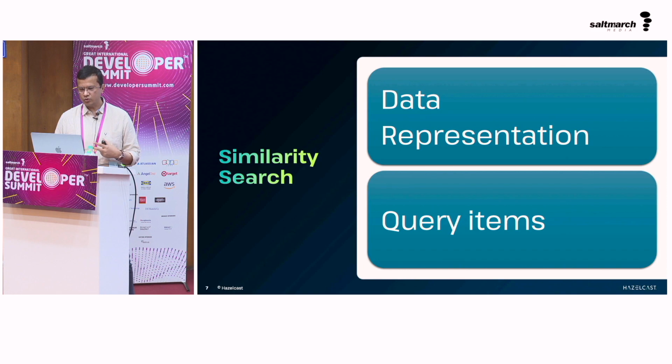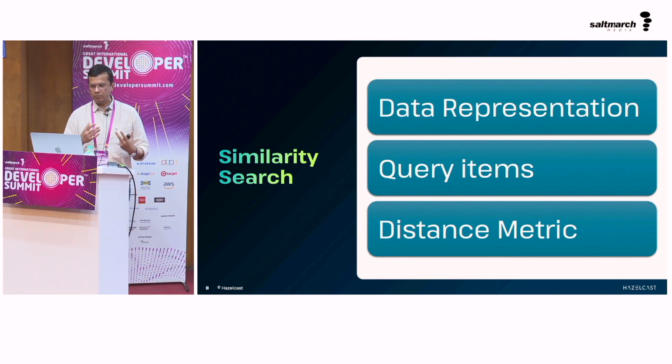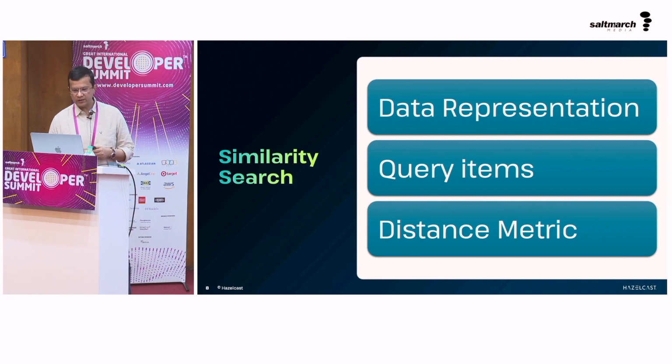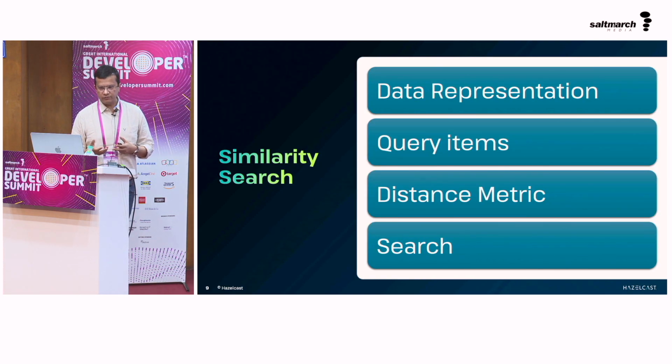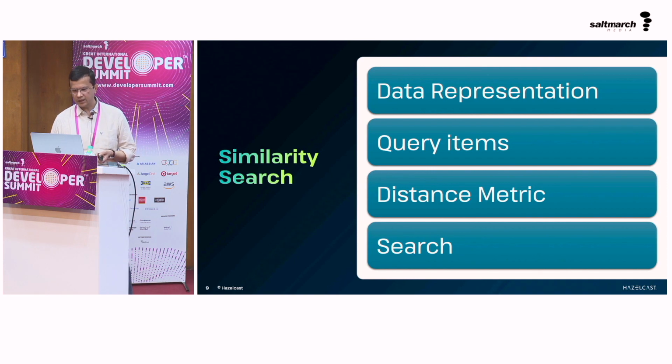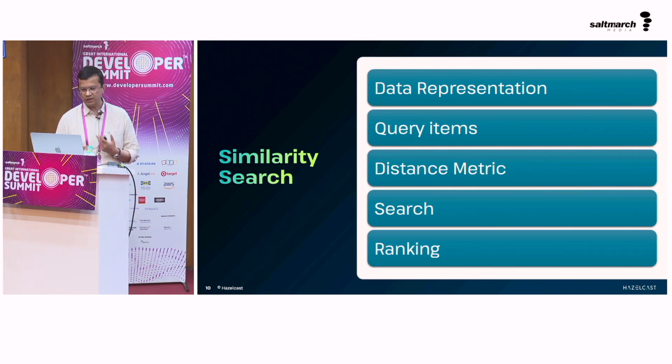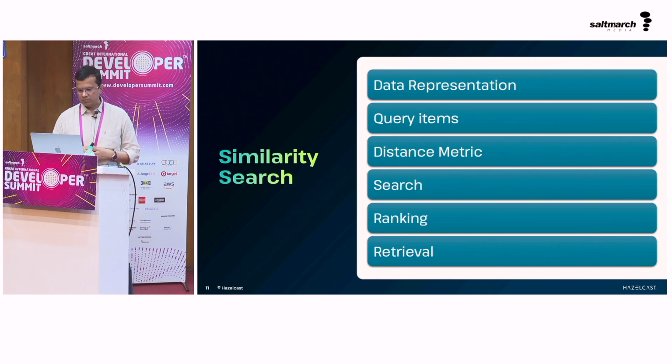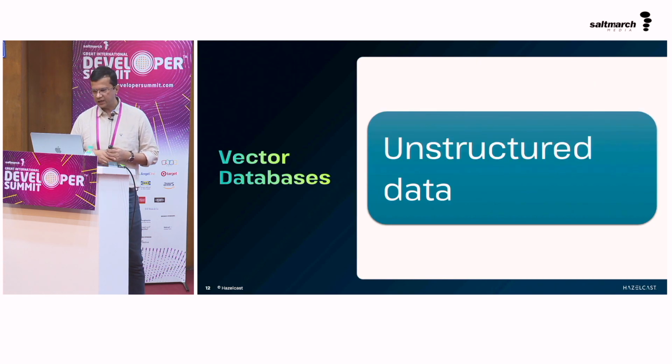It's important how you formulate your query, how you put your query items together, how, for example, in case of a similarity search, which distance metric you are going to use, what works best for that particular use case, the search itself, how to go about searching it, as the results come in, the ranking of those results, the retrieval mechanism.